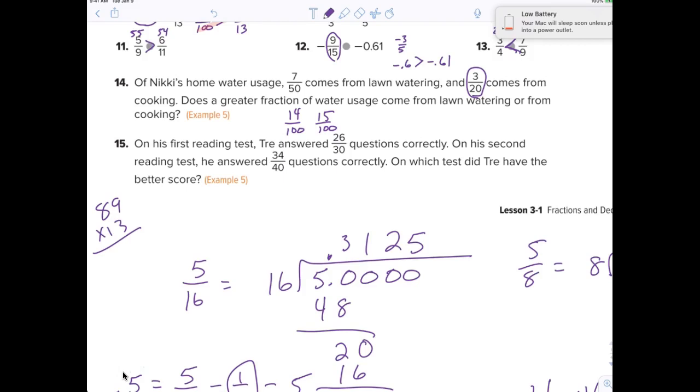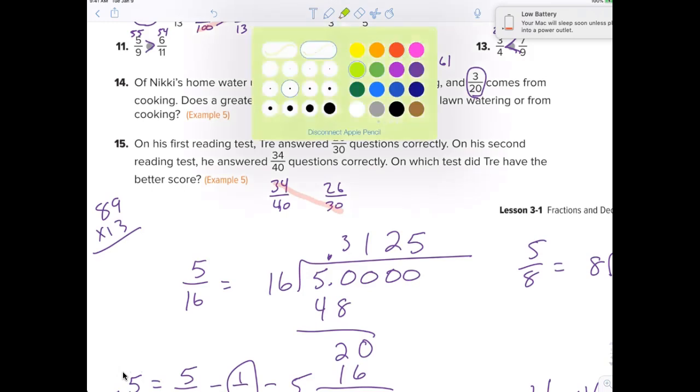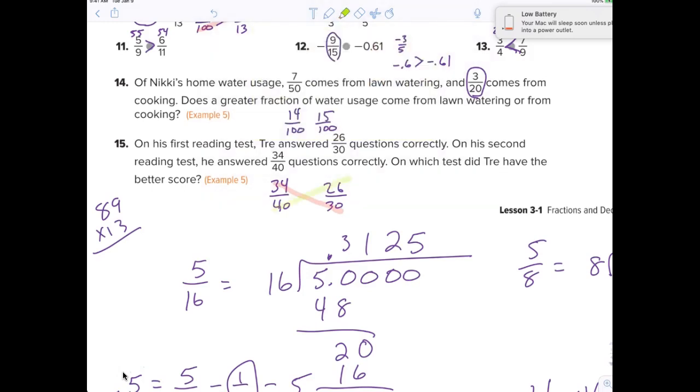All right. So now, on which test did he have the better score? So let's do 34 out of 40 compared to 26 out of 30. So I want somebody in here to multiply 34 times 30, and then I want someone else to multiply 40 times 26.